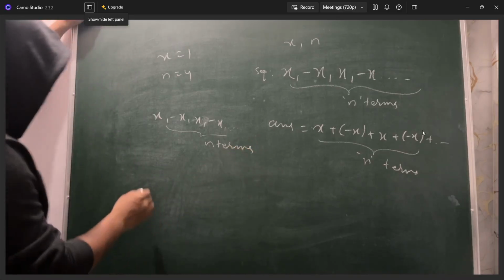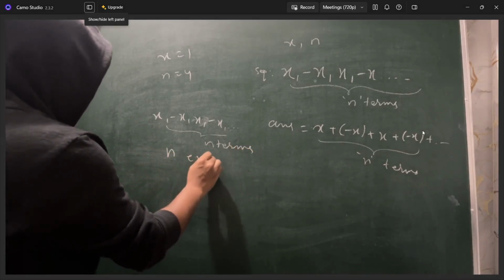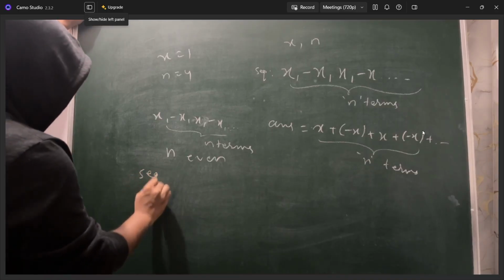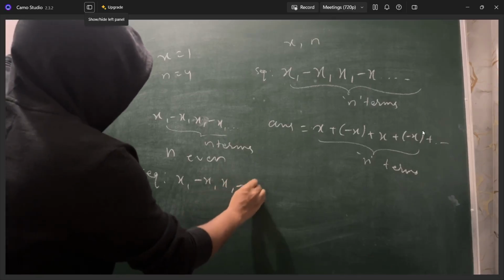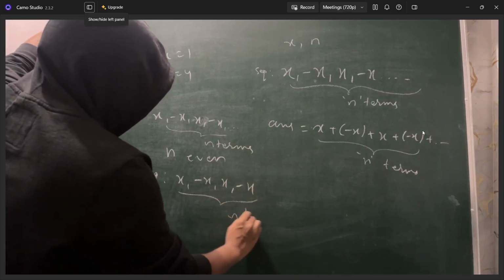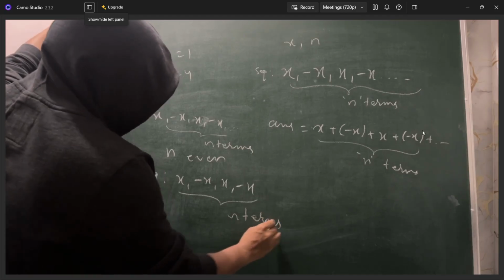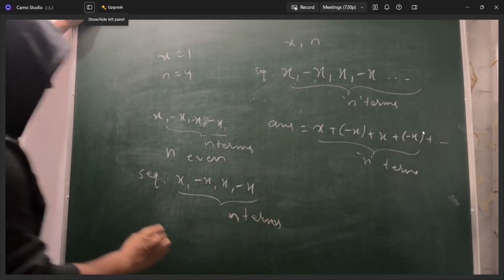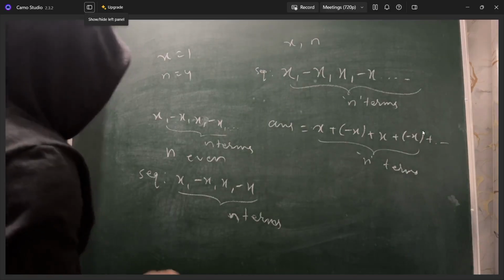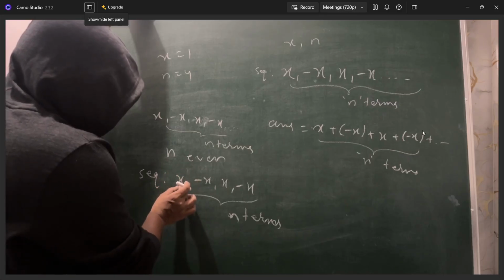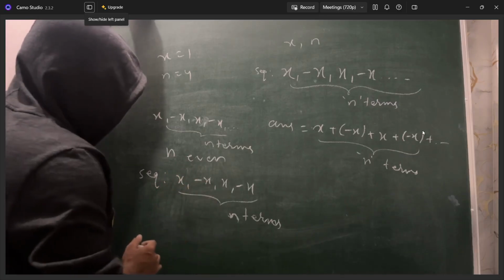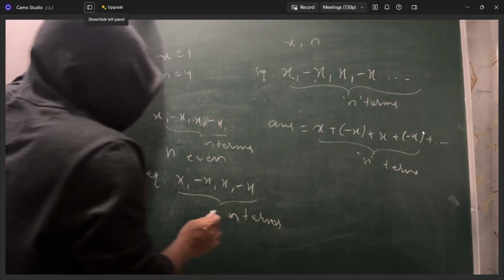Whenever n is even, the sequence will be x, minus x, x, minus x up till n terms. Since n is an even number, you will have n by 2 terms of x and n by 2 terms of minus x.